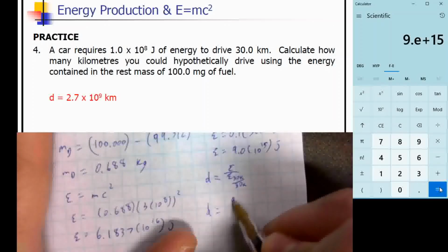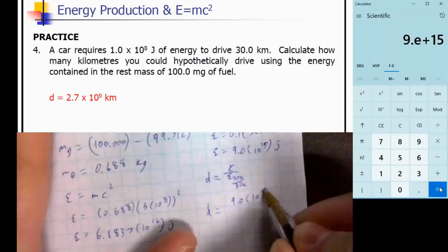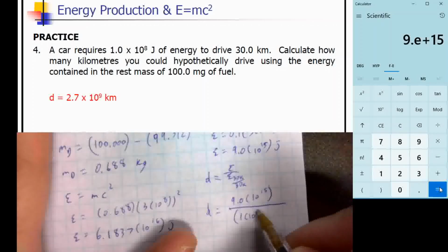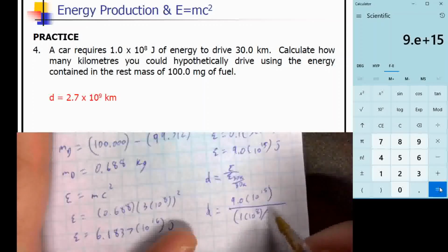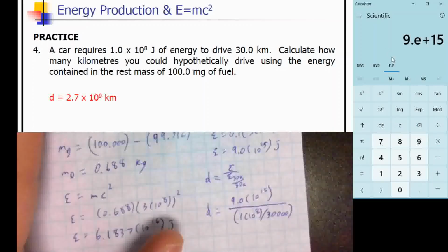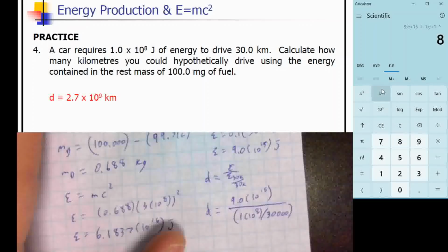So this works out to 9.0 times 10 to the 15 divided by 1 times 10 to the 8 divided by 30k, which is going to be 30000. So I'll take this value divided by 10 to the power of 8 and multiply it by 30,000.